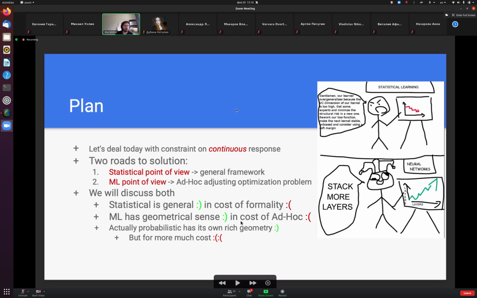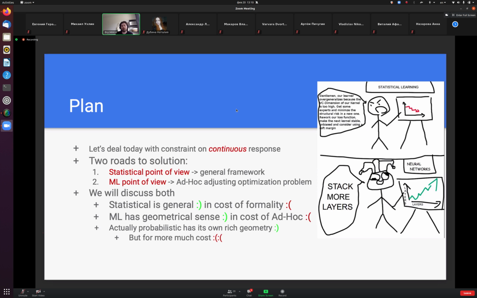Okay, we will discuss both today. We will start from the first one, and its benefit is generality, but the cost is a lot of formality, so I will write a lot of equations. It's a bit obscure, hard to follow, but we have generality. The machine learning approach has some geometrical sense, rather than just writing equations. We will take a look at some pictures and totally understand what we are doing and why.